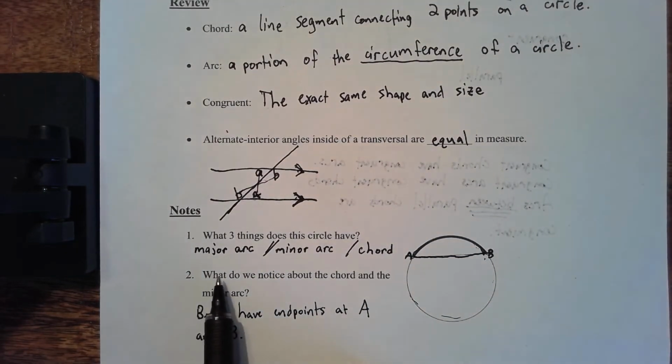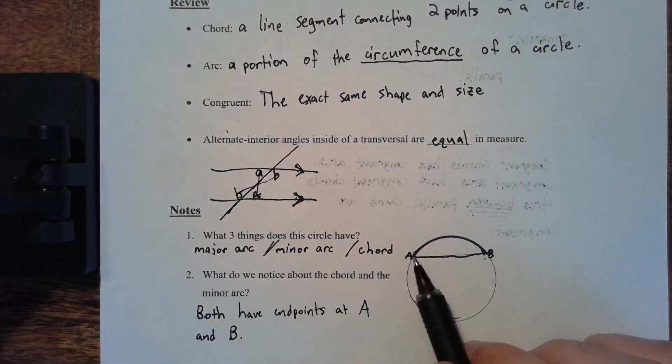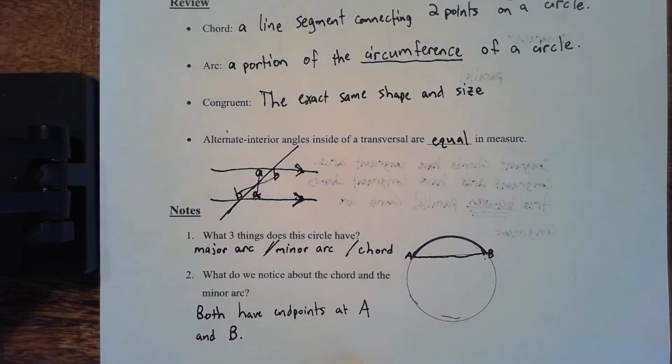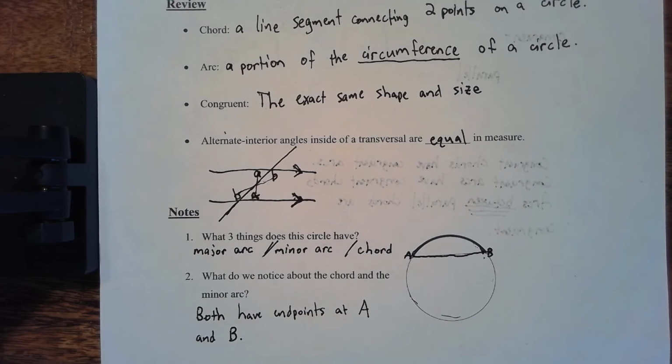Notes part number 2 says, what do we notice about the chord and the minor arc? What do we notice about the chord AB and this minor arc AB? Both have endpoints at AB. That will come into play just a little bit later.